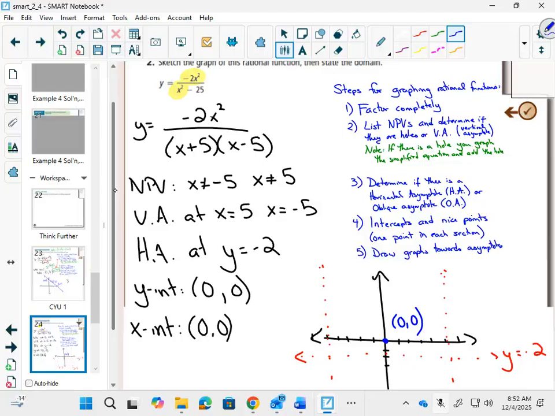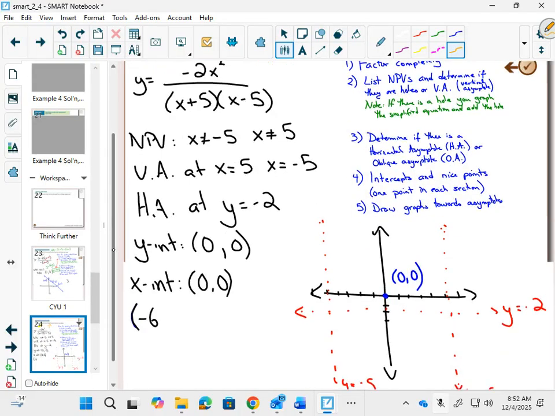I need to find some other nice points. I might plug in, in section 1, -6. What would happen if I plug in -6? I'll take out my orange pen here. Maybe I'll use my original. Oh my goodness, see, that would be -72 on the top. I plugged in -6, and 36 minus 25 is 11 on the bottom.